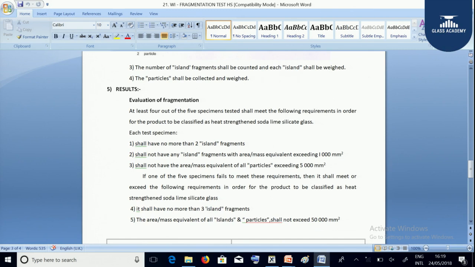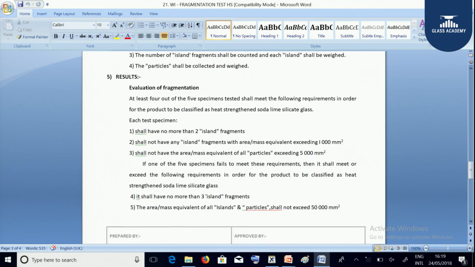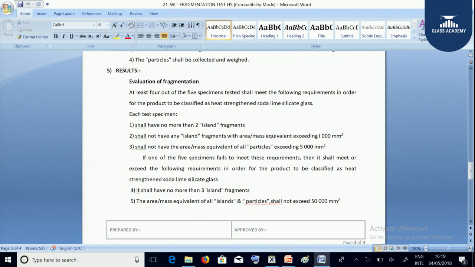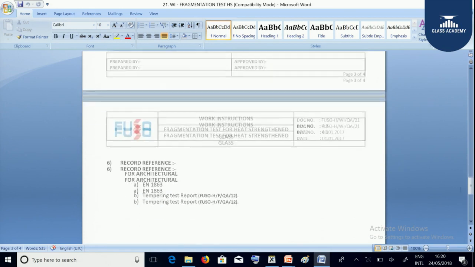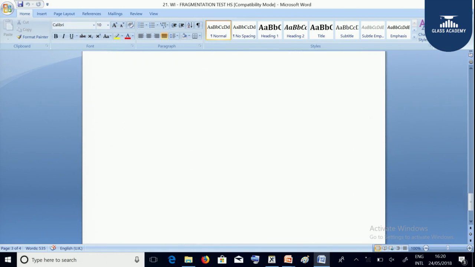We should make sure that the glass has not more than 2 islands, and the area or mass of the island shall not exceed 1000 square millimeter, and the area or mass of the particle shall not exceed 5000 square millimeter. This is how you are going to do the fragmentation test for heat strengthened glass.